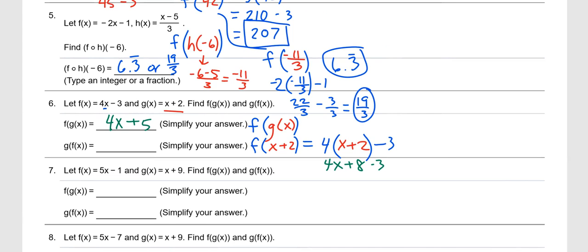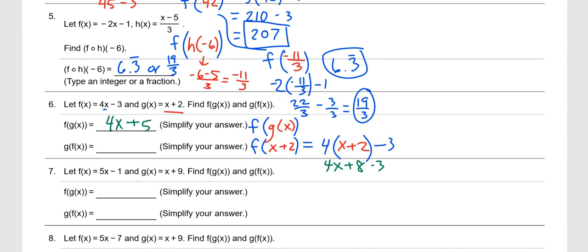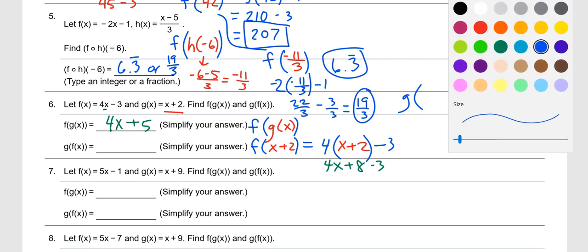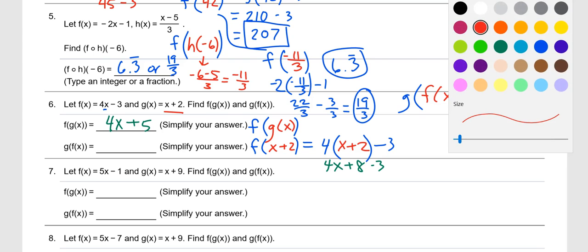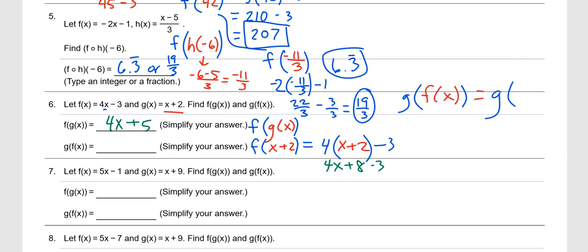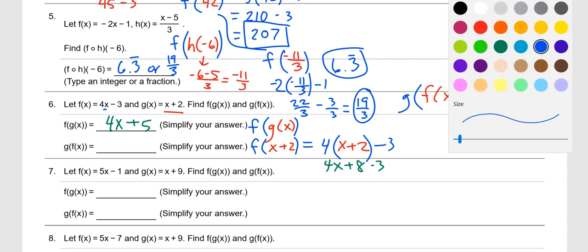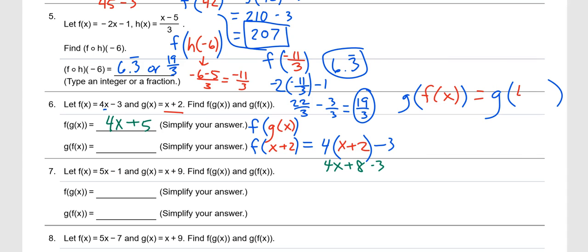When we do the other part, g of f of x, which is equal to g of 4x minus 3.